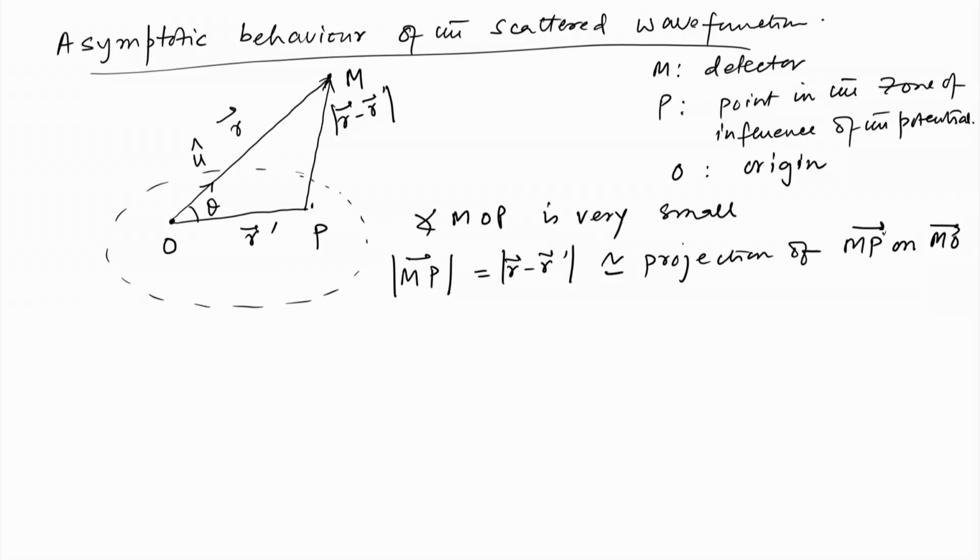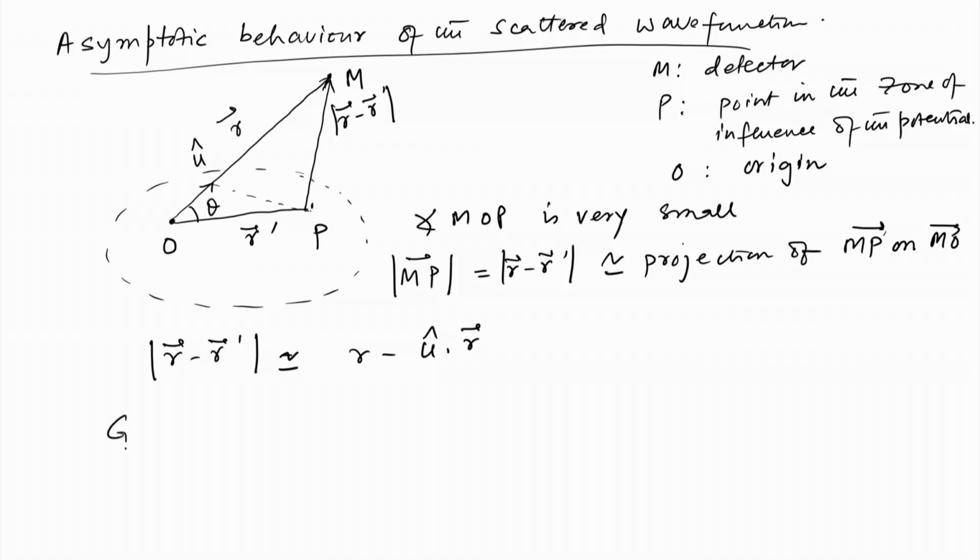Okay. So, R minus R prime is equal to R minus u R. So, that is R and minus this thing, that is that projection which is u dot R.